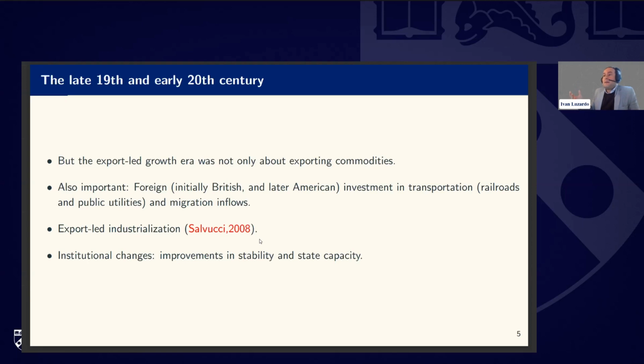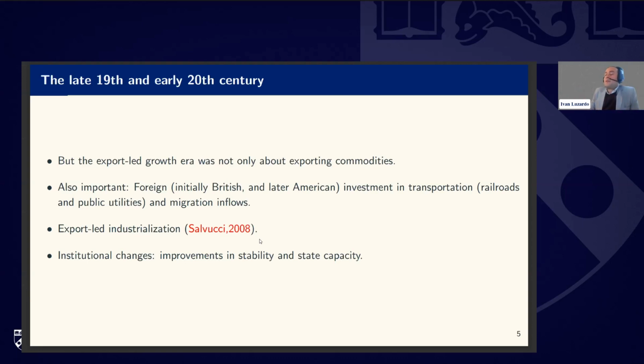Essentially, what we will see is that there was a centralization of power, but at the same time, there were few constraints on the executive. So we will see that institutional improvement basically standing somewhere in between an authoritarian regime and a full democracy.